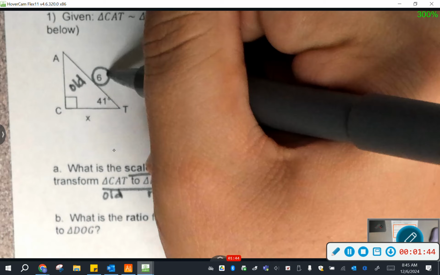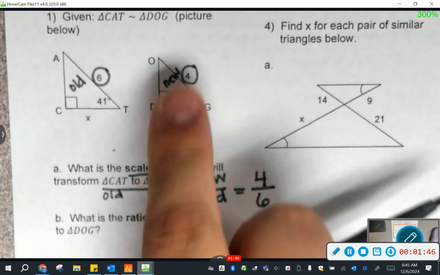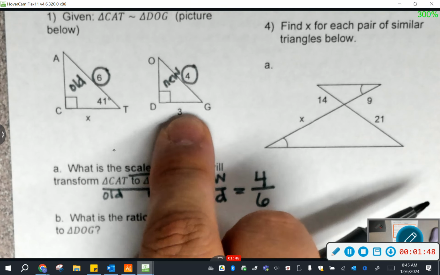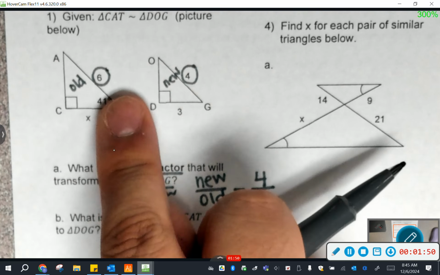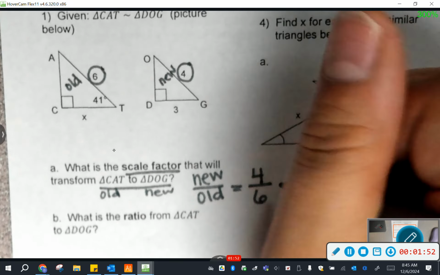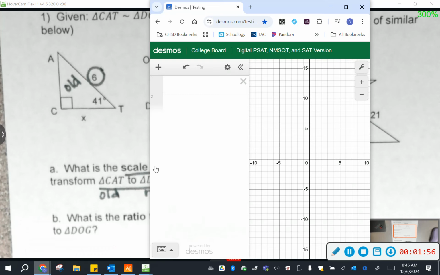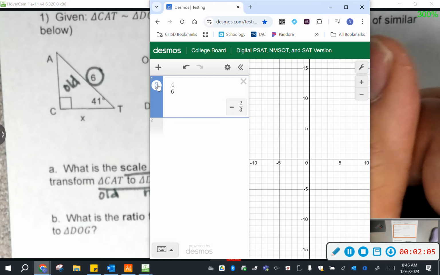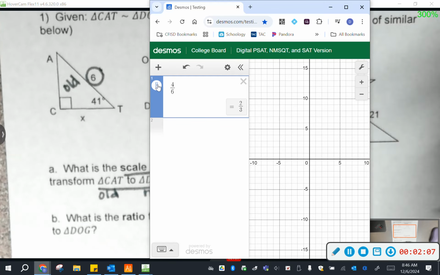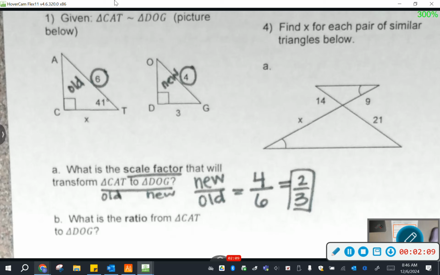I have to use 6. I have to use 4 because I can't use 3, because does that correspond with either one of these numbers? No. And when you put 4 over 6 in the calculator, what do you get? You do get a long decimal. Is decimal what I want? No, I want a fraction. So 2 over 3 is the answer to that question.